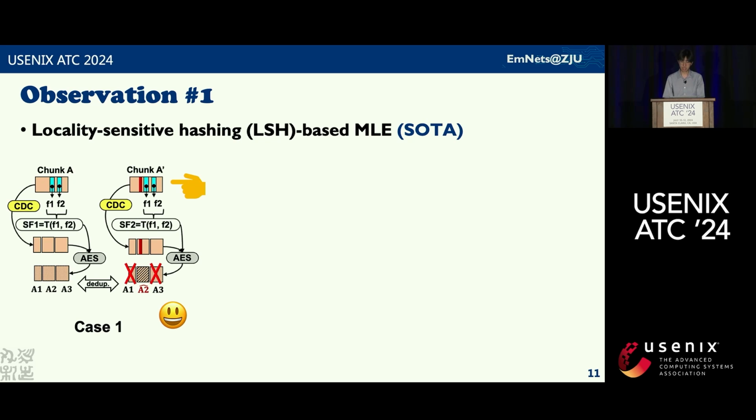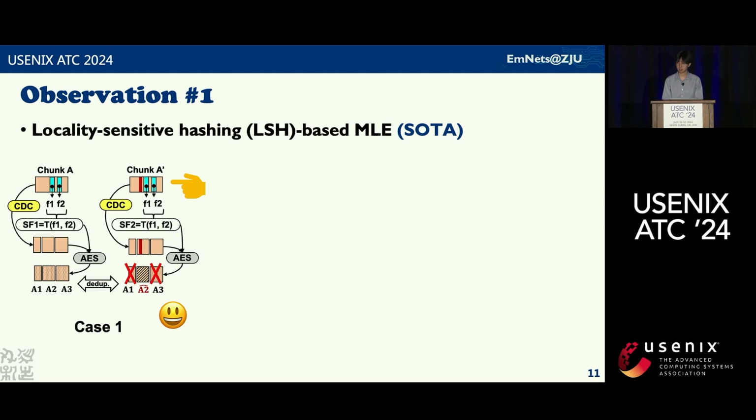So the state-of-the-art solution is to utilize the locality-sensitive hashing technique in the MLE. It first calculates the superfeature from the chunk content. For example, in case 1, the superfeature in chunk A and chunk A prime is identical because the sampled features F1 and F2 are identical and not affected by the delta bytes.